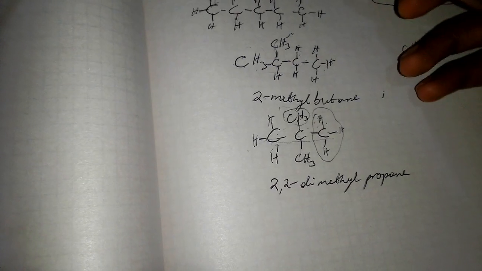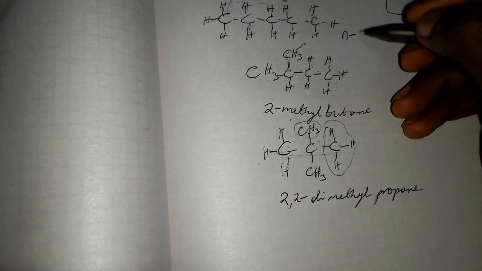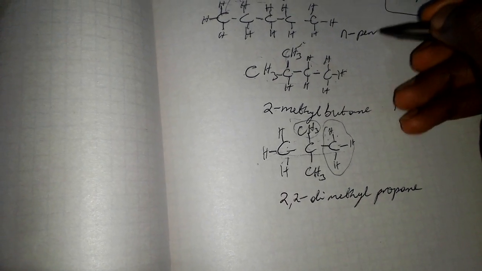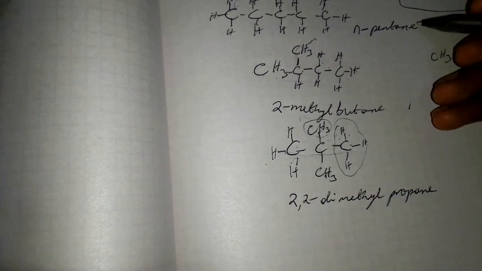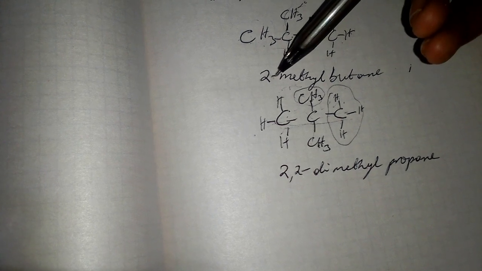So these are all the isomers of pentane. We can name this as n-pentane, and this one is 2-methylbutane. Notice that we separate a number from a letter by a dash, while we separate 2 numbers by a comma.